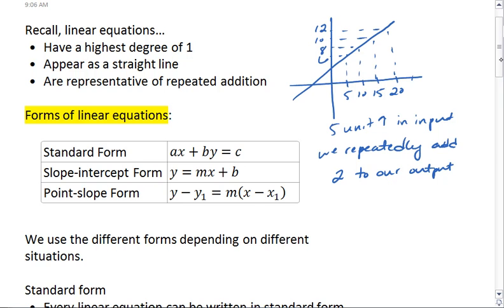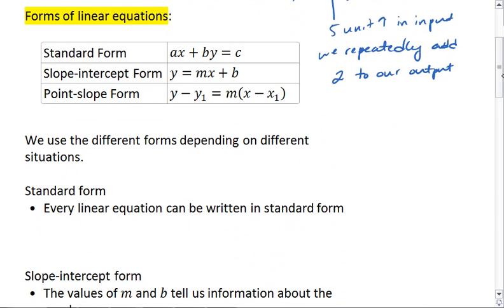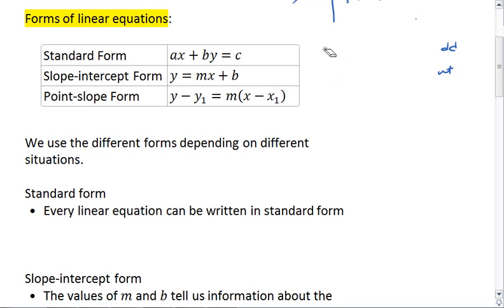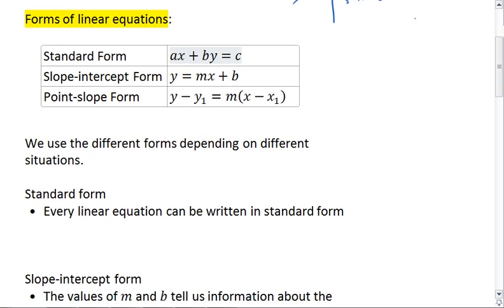This brings us to the forms of linear equations. There are 3 forms we'll focus on. There's standard form, which is the form ax plus by equals c, where a, b, and c are real numbers.